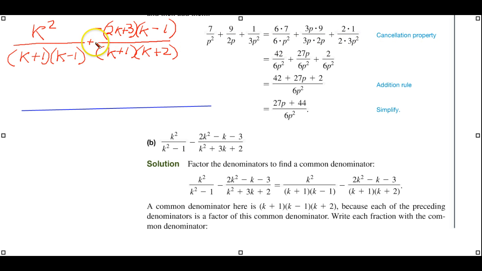Now the rule for finding the common denominator when you have items like this: I have a k plus 1 here and a k plus 1 there, and that's used one time in this denominator, one time in this denominator, so I need at least one of those, k plus 1. Now I have here a k minus 1. It's used once here, but not there at all. So I need one of those.